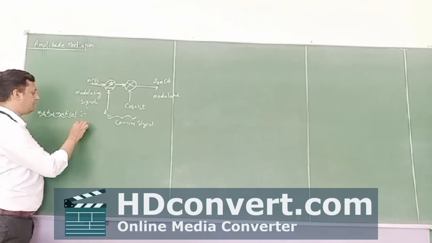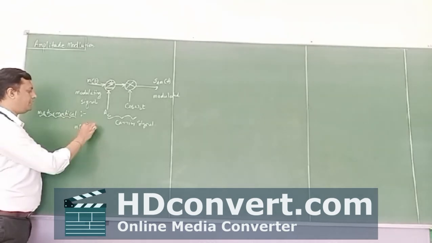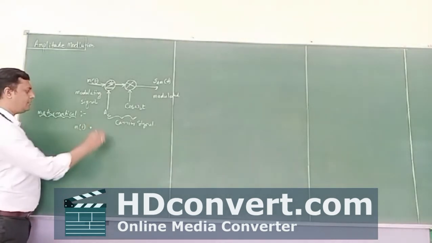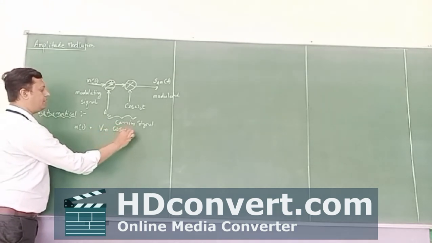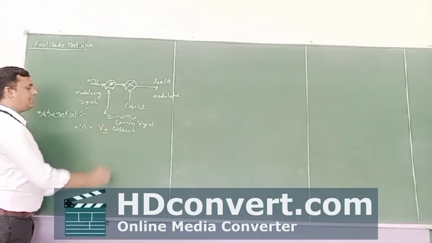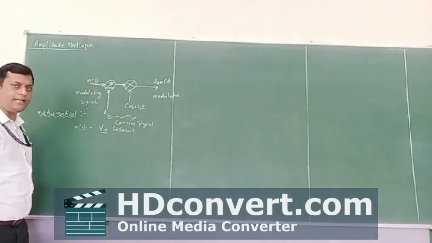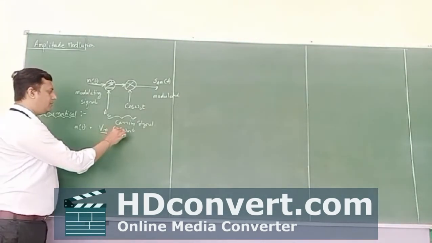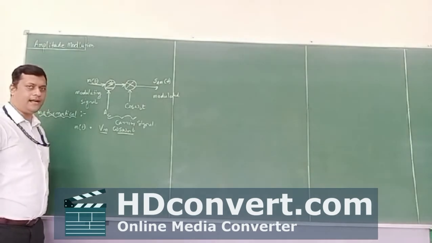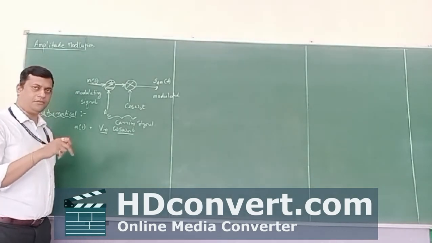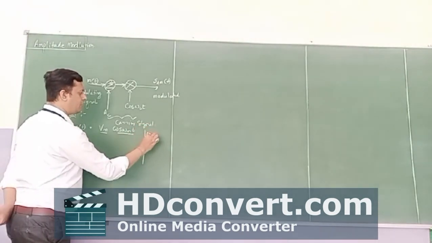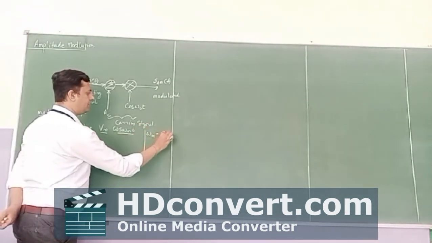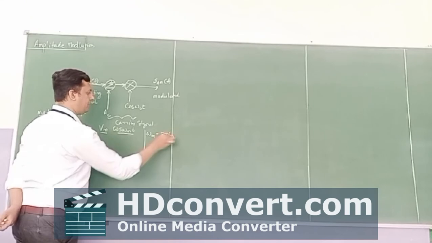First we have considered m of t, that is Vm cos omega mt. Vm is the amplitude of modulating signal, and cos omega mt indicates that it is a cosine signal with angular frequency omega m, where omega m is equals to 2 pi f.